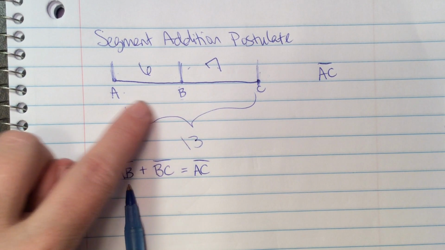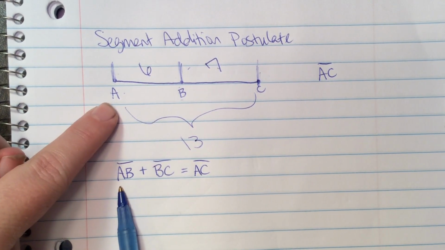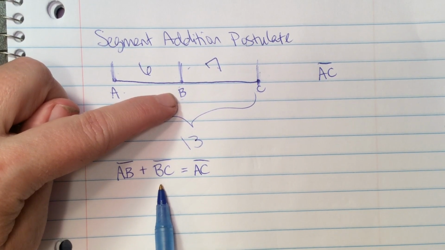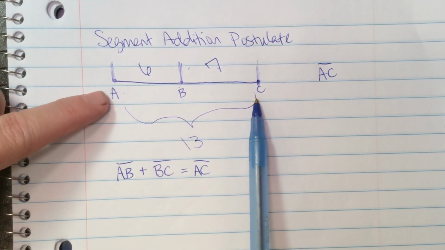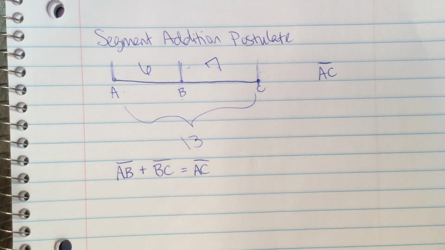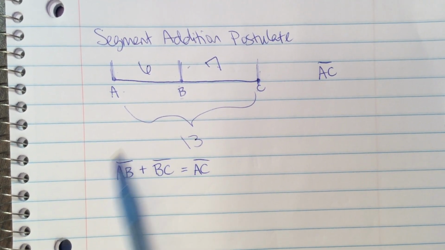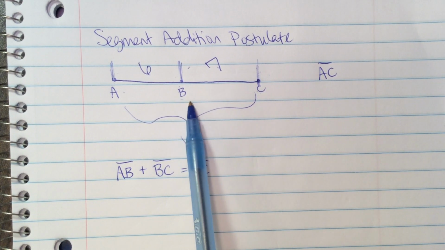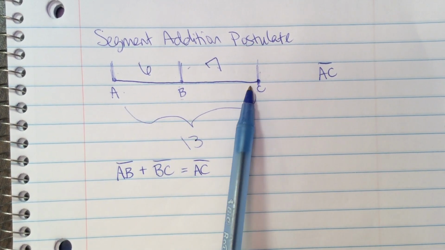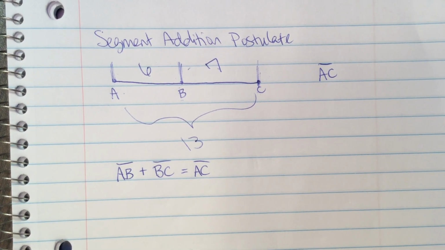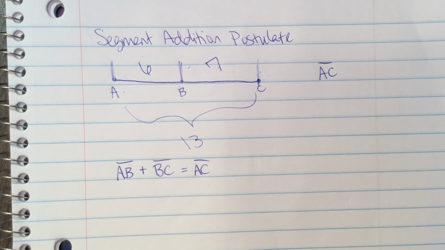Notice segment AB plus segment BC would equal segment AC. That's what the segment addition postulate says, as long as B lies in between A and C, then this postulate holds true. And of course, that doesn't have to be A, B, and C. It can be other letters, but hopefully you understand.